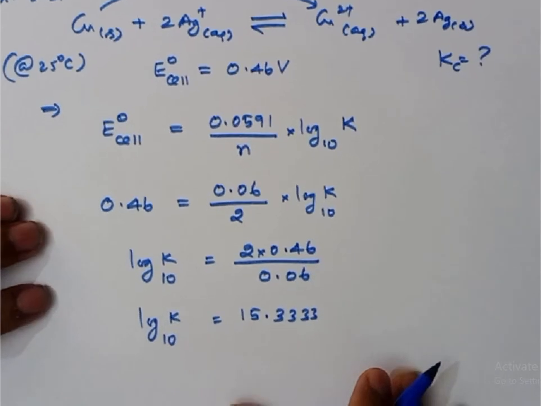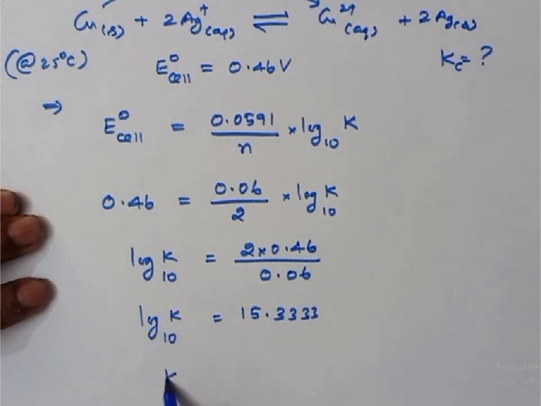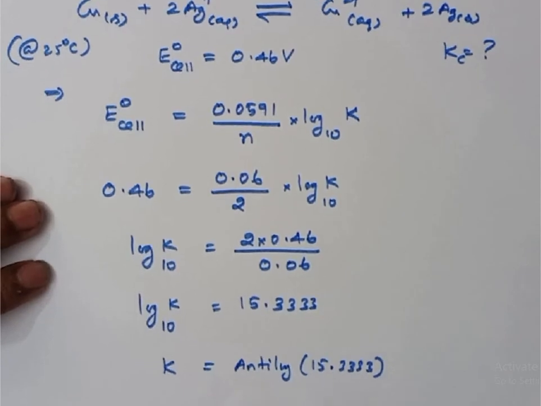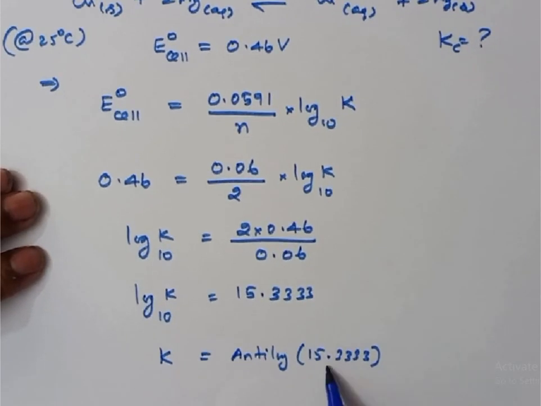Now, what's the value of K? K is equal to the anti-log of this value, 15.3333. You know very well how to take the anti-log. See the anti-log table for the value of 0.3333, and whatever value comes, you put it into 10 power 15.